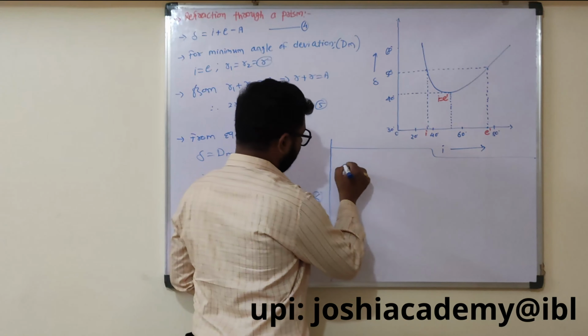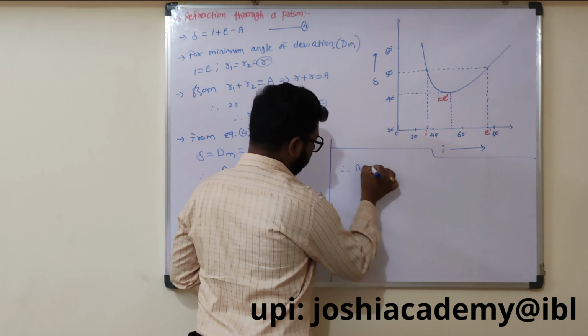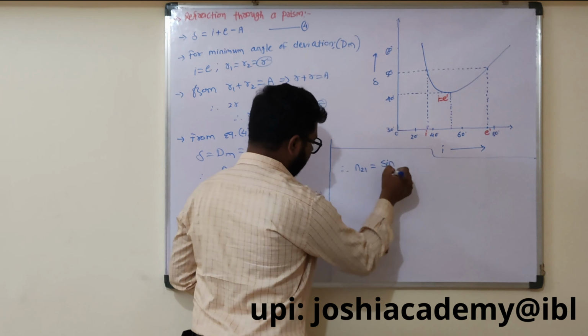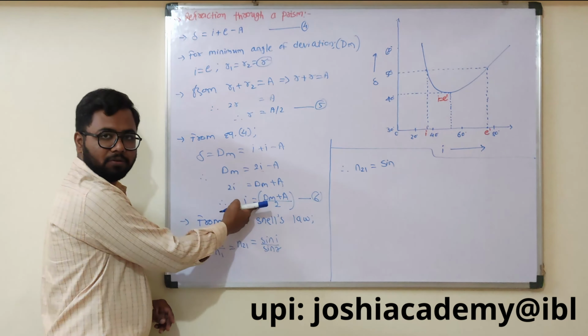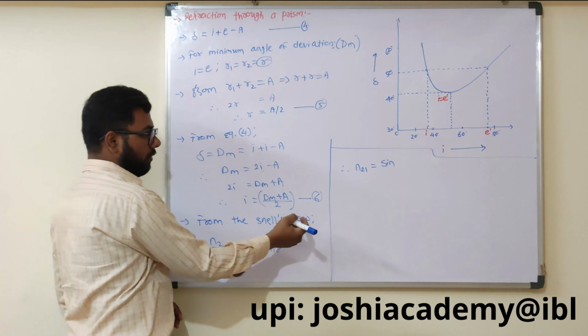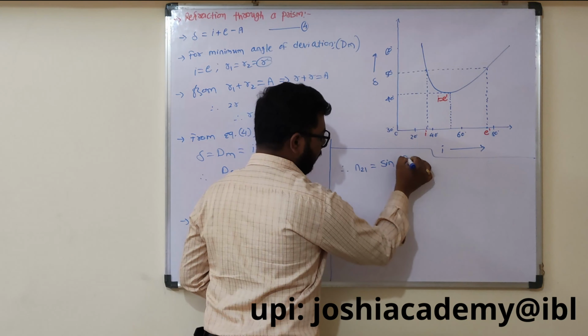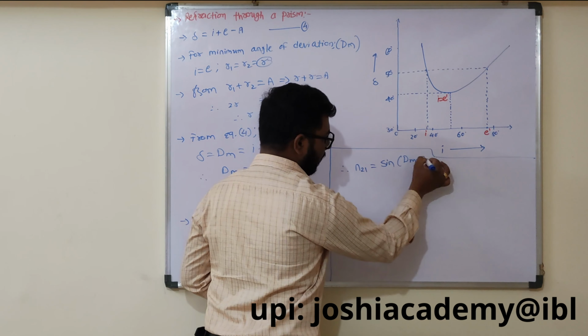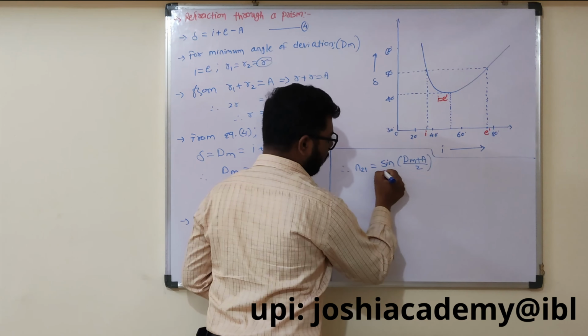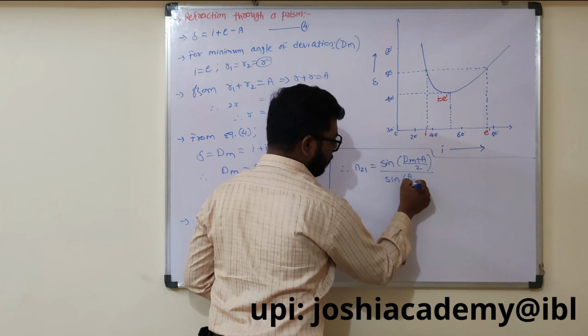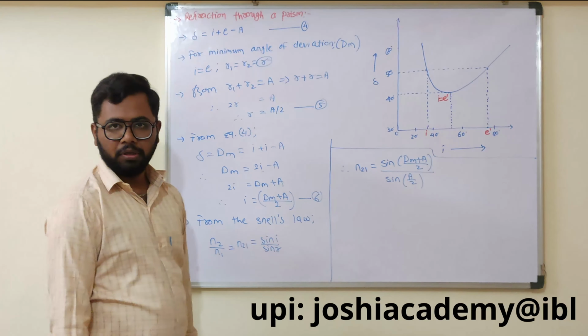We will get n21 is equal to sine of I, where the value of I is Dm plus A by 2, divided by sine R, where the value of R is A by 2.